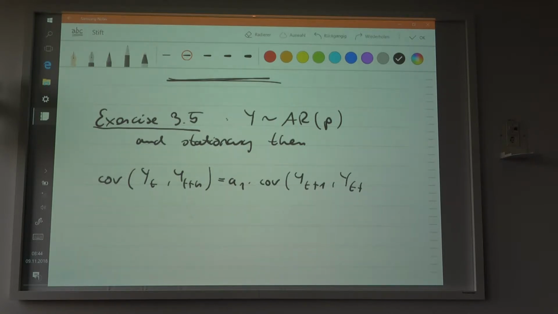Okay, I made a mistake here. This is not the correlation that we were talking about. So yt and yt plus h minus 1, that's the first one.